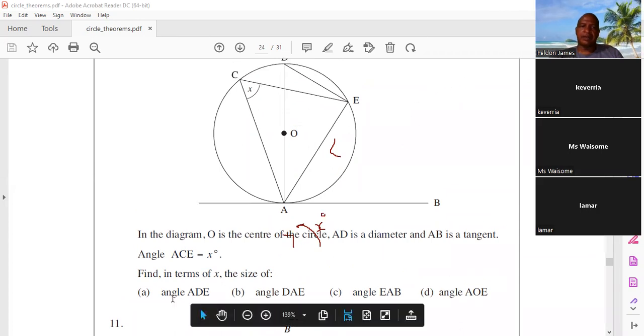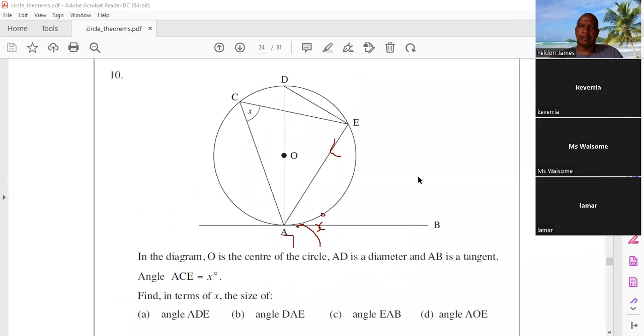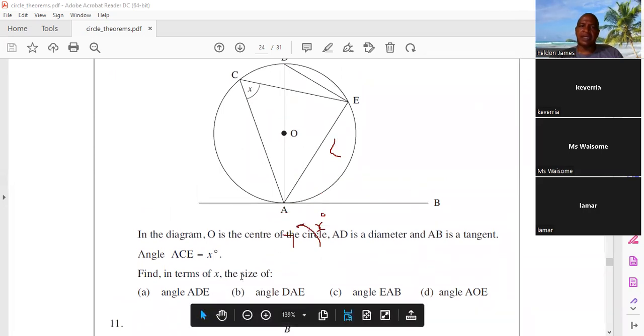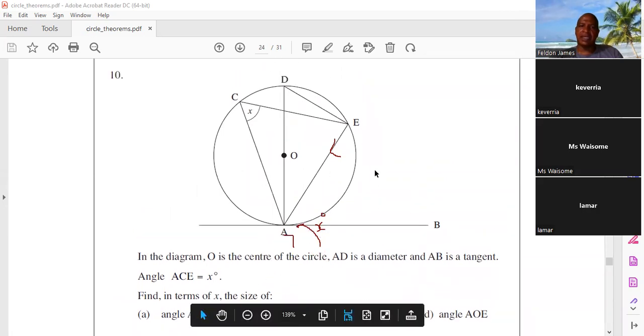So they ask you to find the angle ADE, DAE, EAB. So all of these angles that you're supposed to find. Let us start with ADE. What is ADE?